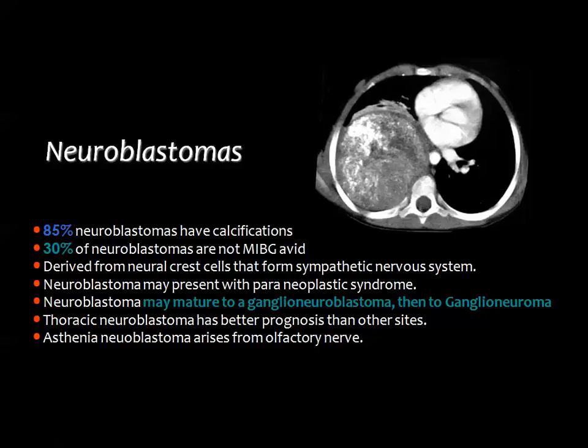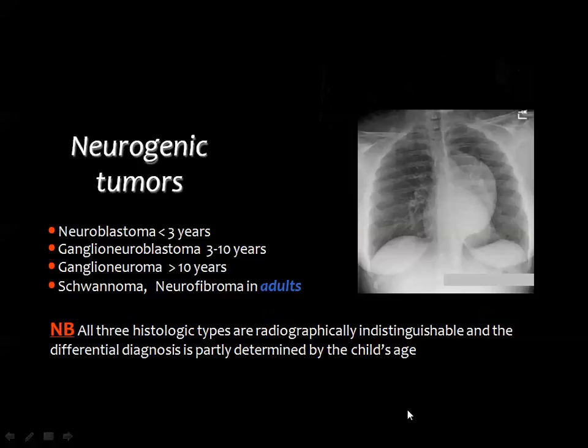This neuroblastoma may mature to a less aggressive form, which is known as the ganglioneuroblastoma, then to a benign form, which is known as the ganglioneuroma. These are the neurogenic tumors seen in the pediatric and adult population.